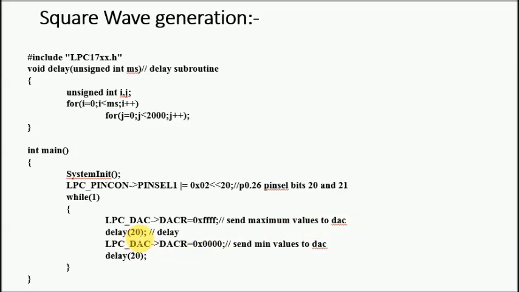Then I have called the delay, so the maximum voltage will stay for that particular time delay. After completion of the time delay, I have written 0. Then I am calling the delay. For this delay, the DAC value is minimum, and at the pin DAC A out we have the minimum voltage. So here we have the maximum voltage, here we have the minimum voltage.